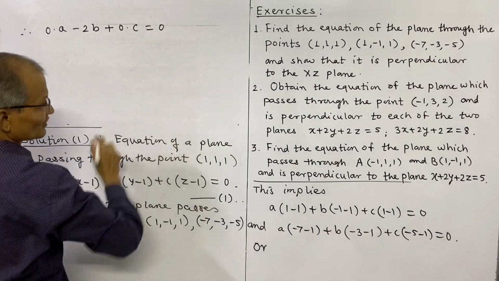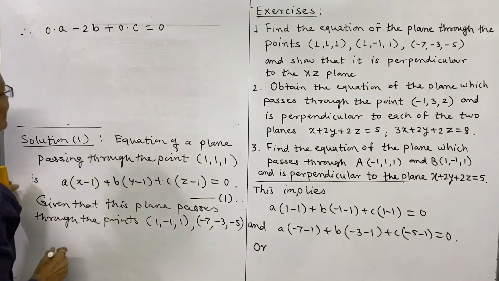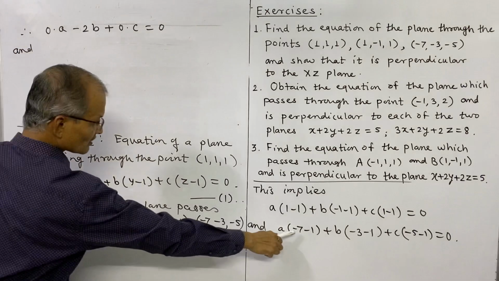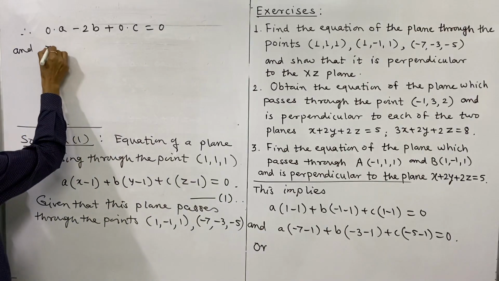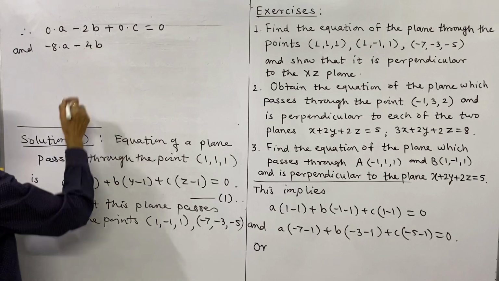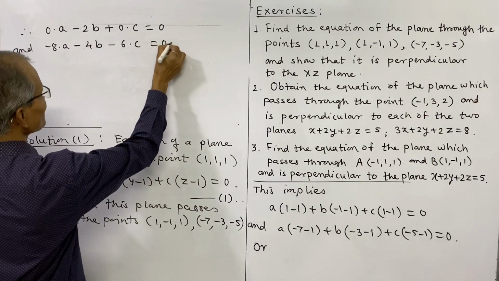We are writing the terms 0 also and what is the second is, this is minus 8 into a and next is minus 4 into b and next is minus 6 into c is equal to 0.